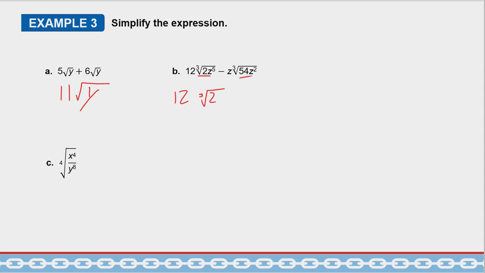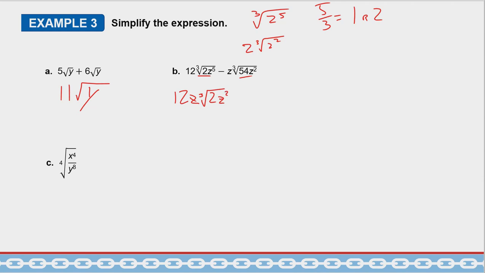But I need to take this cubic root of z to the 5th. Well, 5 divided by 3 is 1 remainder 2, so that's going to be z and then z squared underneath that cubic root. Right, because 5 over 3 is 1 remainder 2. So I'm going to have a z here and a z squared underneath.